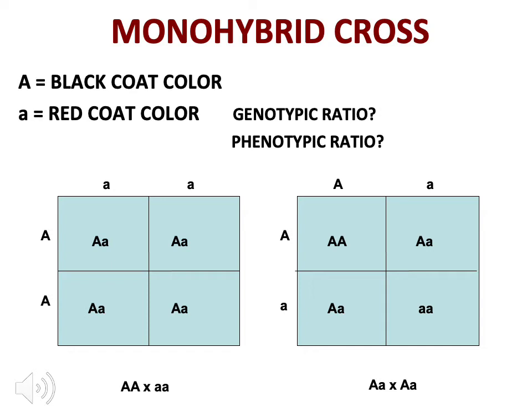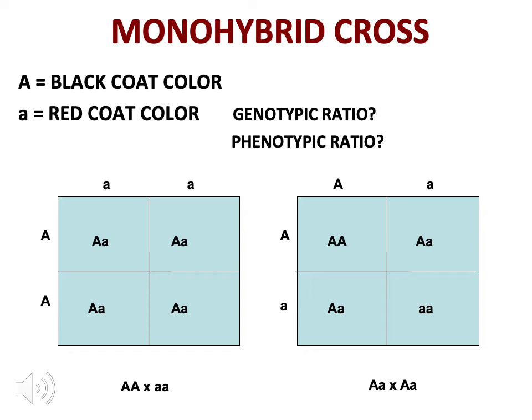A big A sperm fertilizes a little a egg, gives me a big A, little a genotype. That's heterozygous. As a matter of fact, every single combination results in that genotype. So I am looking at this Punnett square.